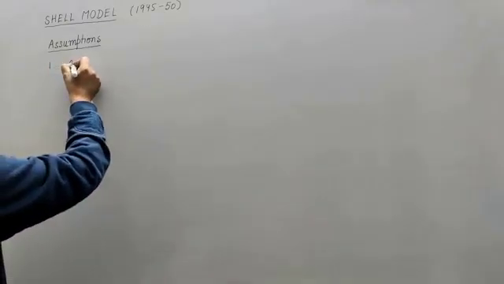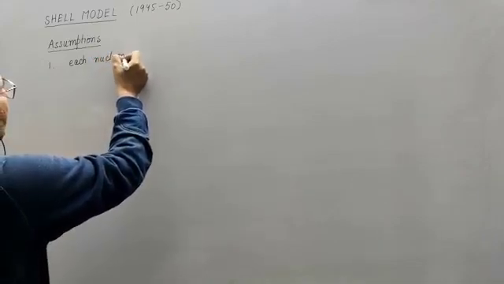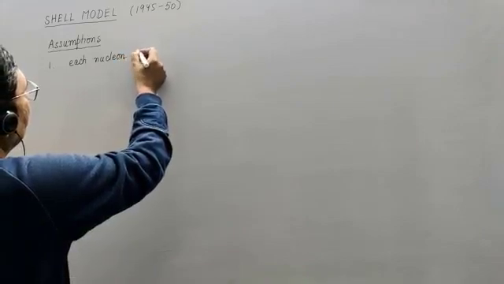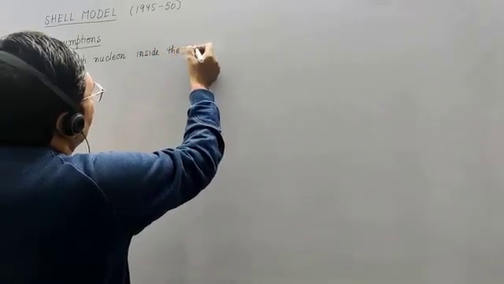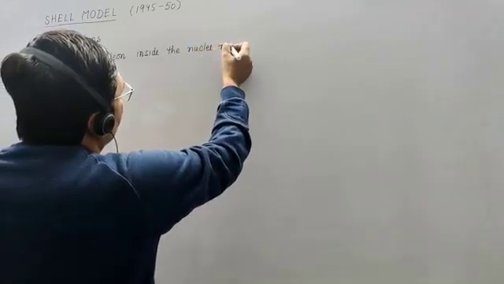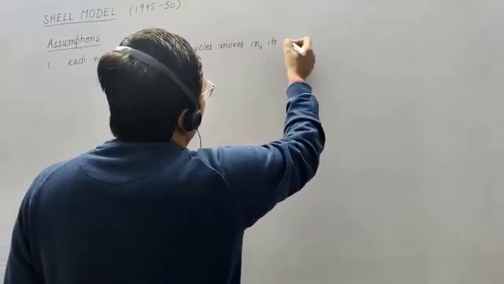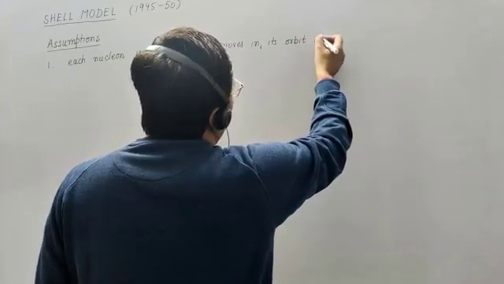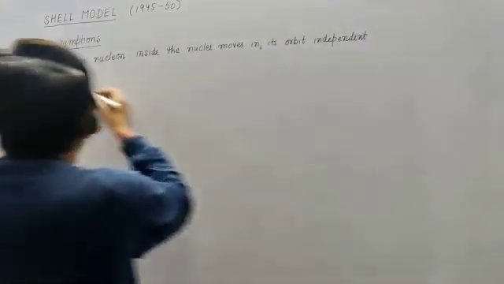The first assumption was that each nucleon inside the nucleus moves in its orbit independent of all other nucleons.